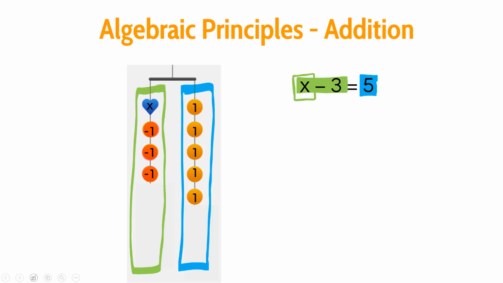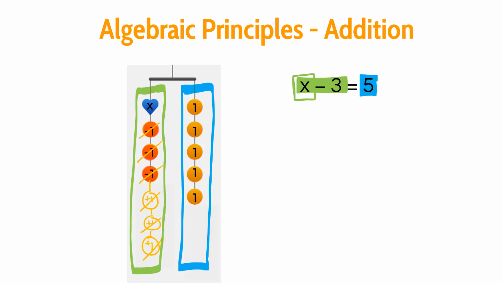So on my diagram on my mobile, I am going to give myself plus 1, plus 1, plus 1. So I've given myself 3 plus 1s. So if I have minus 1, minus 2, minus 3, and now I've said plus 1, plus 2, plus 3, each one of these pairs are going to cancel each other out.